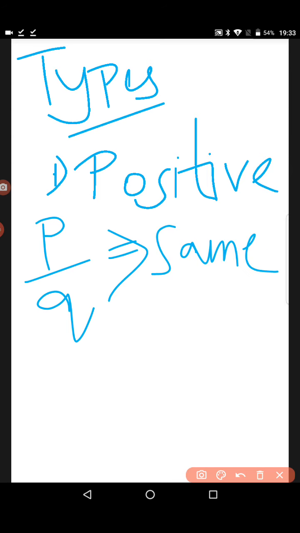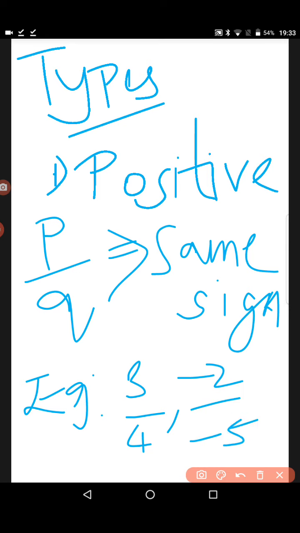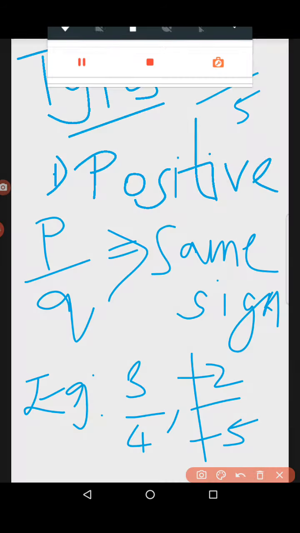That's all. That is the positive rational number. So I will take some examples. 3 by 4, minus 2 by minus 5. Minus minus gets cancelled so it becomes plus and it is again 2 by 5.